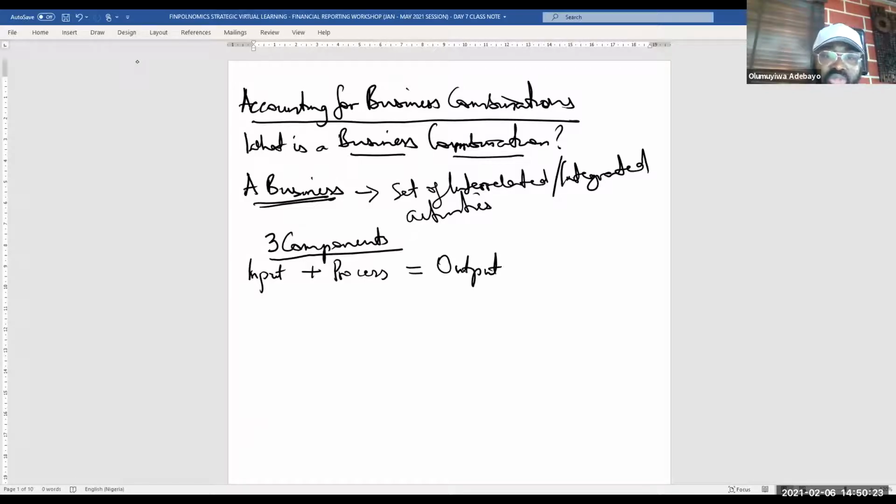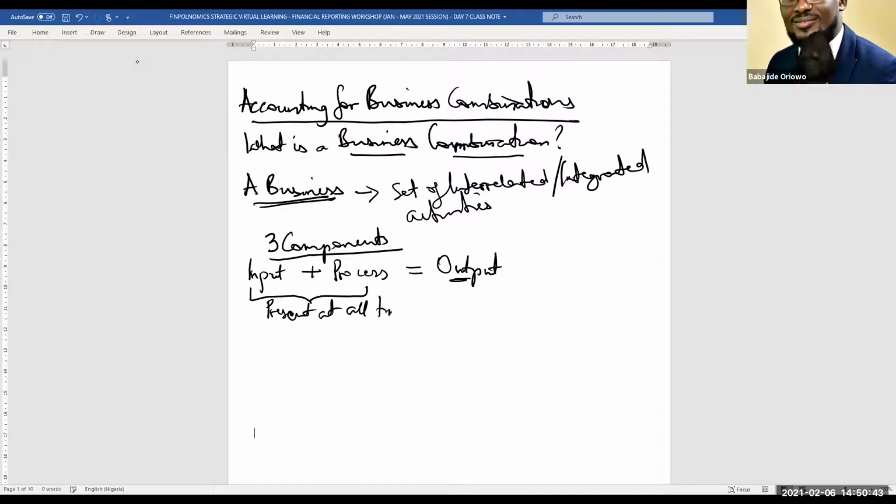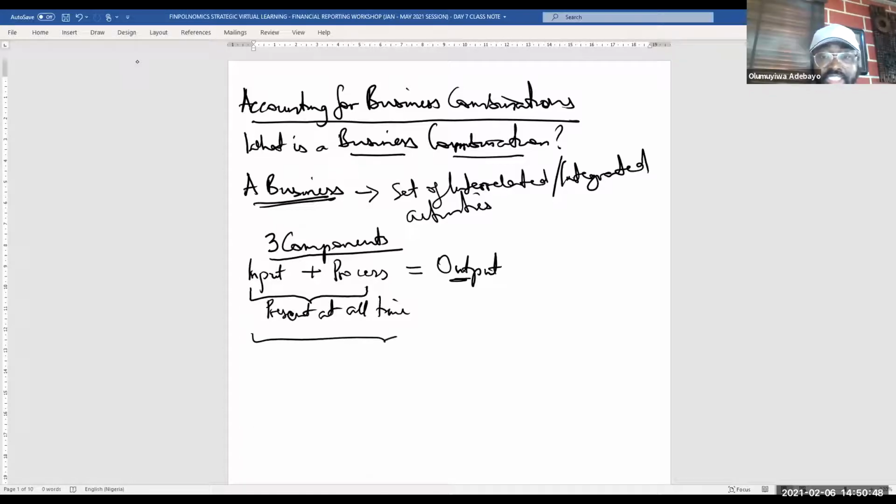Now, though these three are listed, it is not necessarily required for us to have an output, but two must be present at all times. But invariably, it is expected that over time, the three should be present.